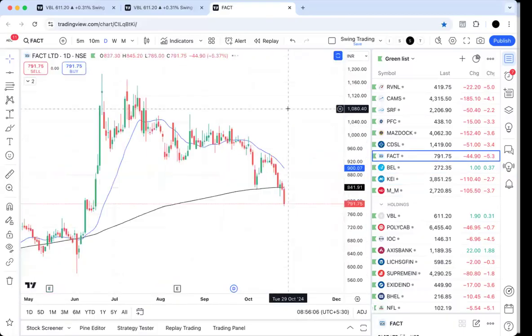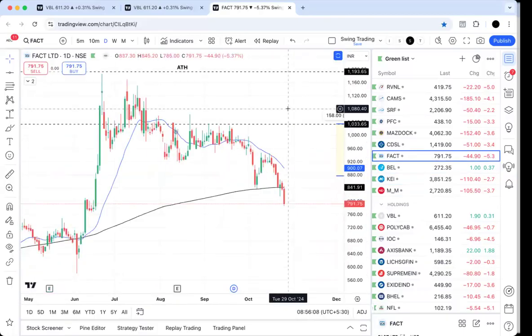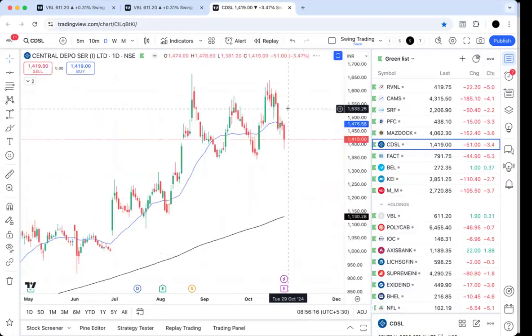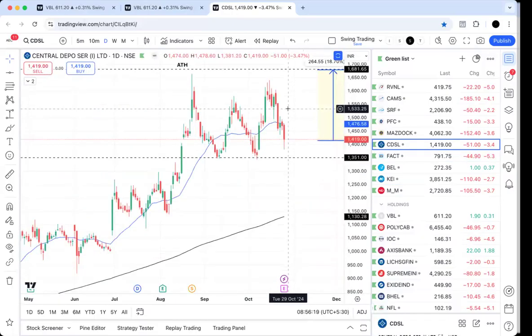Once you're familiar with using your trading brokerage app and TradingView, and you begin to see some profits and feel comfortable, then you can begin to add funds.